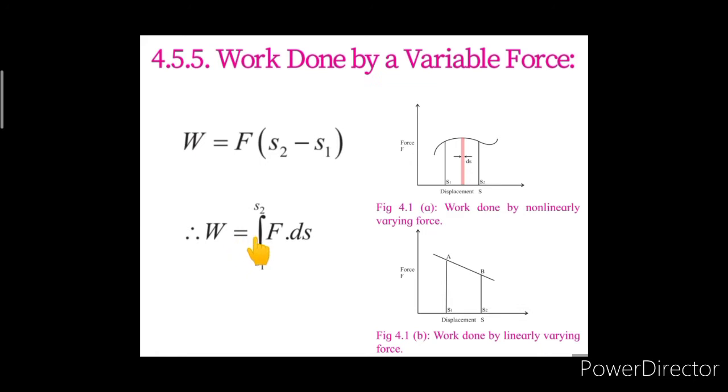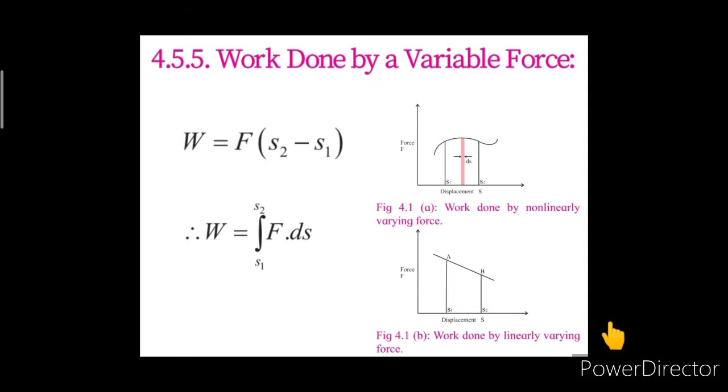That's why the total work done for the displacement S1 to S2 is given as the integral of F dot ds with limits from S1 to S2. This method of integration is applicable if the exact way of variation of F with S is known and that function is integrable.